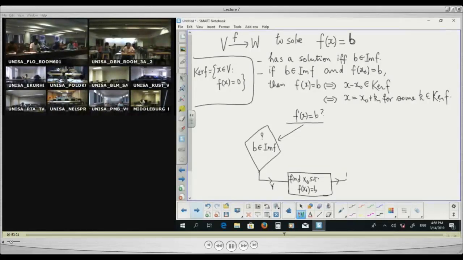And if the answer is no, then I stop. There is no solution. And here I find all the solutions. So I have to find the kernel of f, and I have to find a particular solution. This x naught is often called a particular solution.